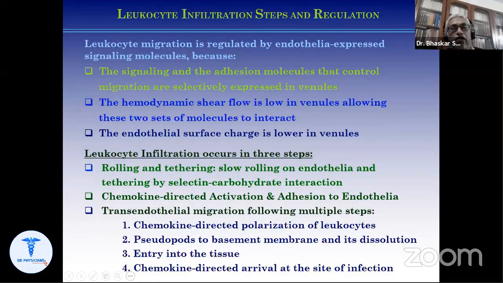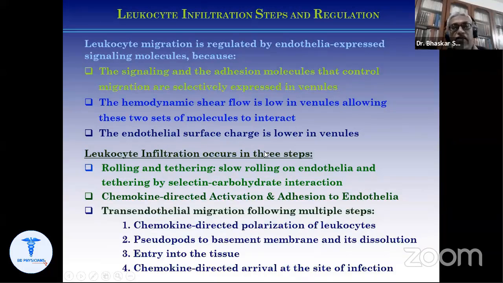And then this leukocyte infiltration, how does that happen in case of inflammation? It happens by migration, and that is regulated by endothelia expressed signaling molecules like selectin and adhesion molecules, because the signaling and the adhesion molecules that control migration are selectively expressed in venules. The hemodynamic shear flow is low in the venules, allowing these two sets of molecules to interact.